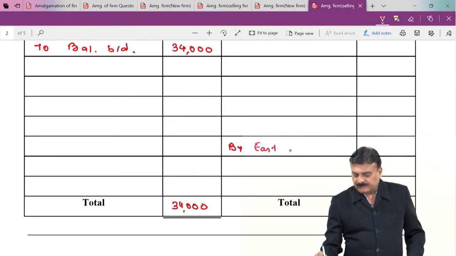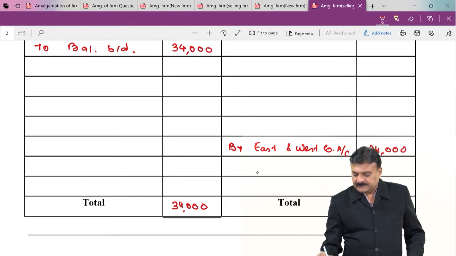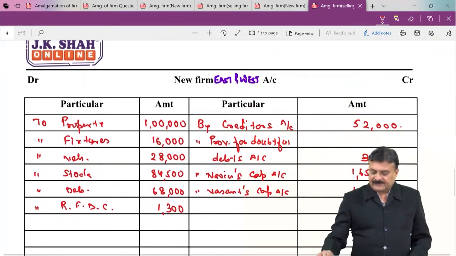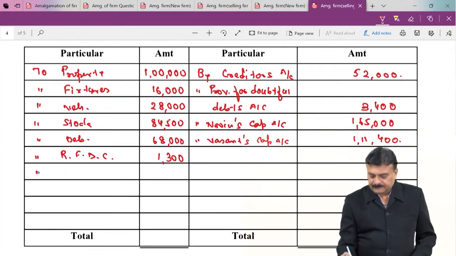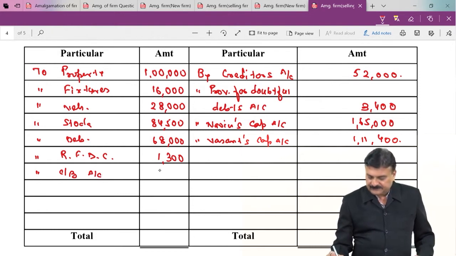By East and West Company account 34,000. This is also a balancing figure. So that will go to East and West debit side to cash and bank account. How much? 34,000.